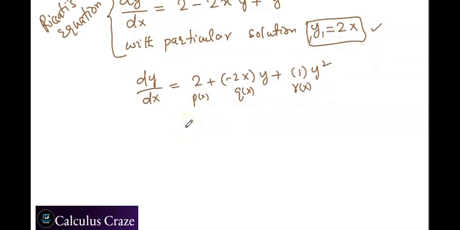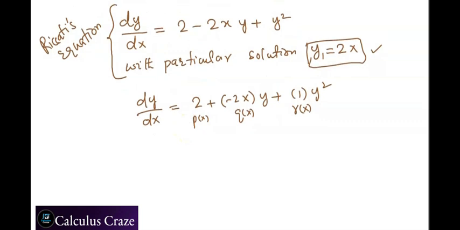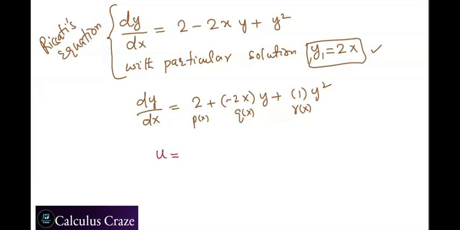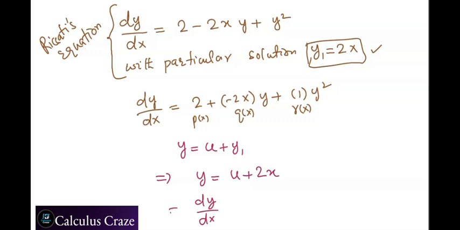So now my task is to define a new variable where I'll transform this equation. My new variable is u, and my transformation takes this form, y equal to u plus y1, or one can say that y equal to u plus 2x. Now take the derivative of y with respect to x.